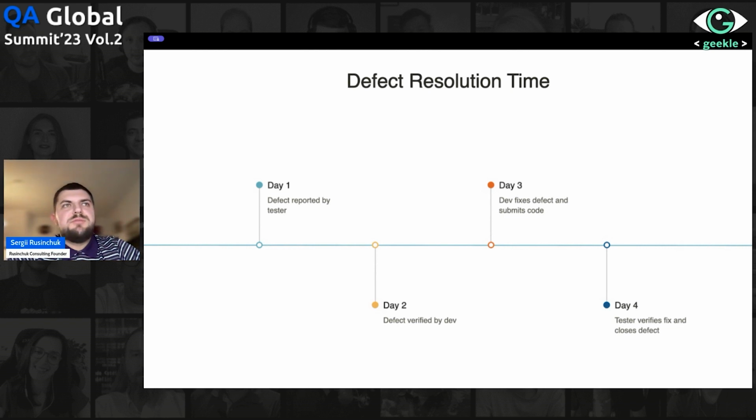In this diagram, you can see, as an example, 4 days. On the first day, the defect was reported by a tester. On the second, it was verified by a developer. On the third, for example, it was fixed and the code was submitted. And as a result, the tester verified the fix and closed the defect. That's pretty much it about this KPI. I guess we can move forward to the next one.